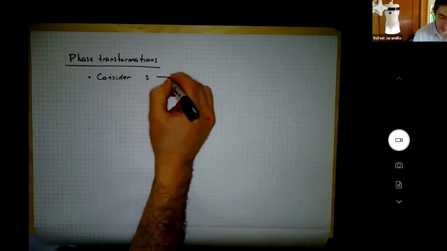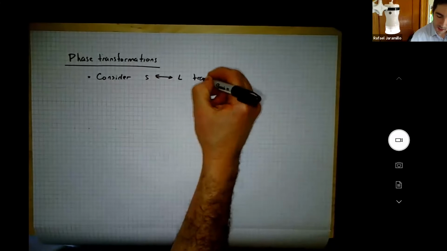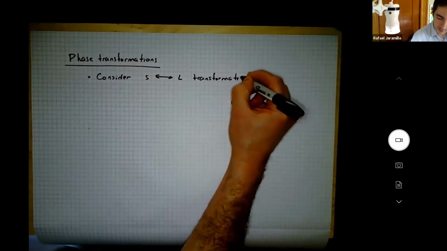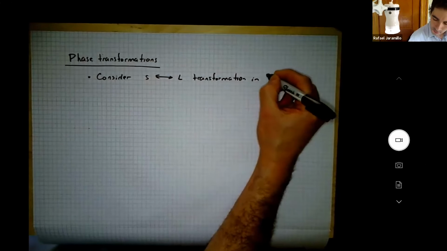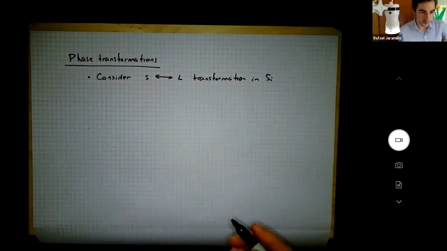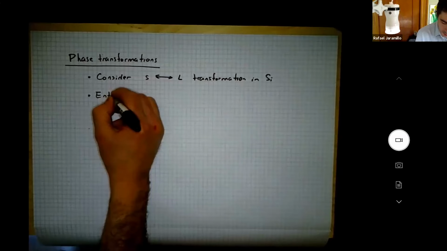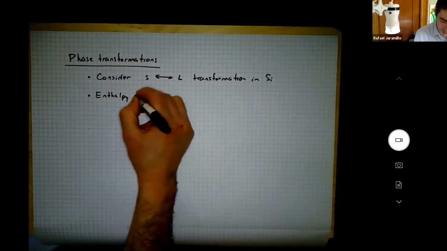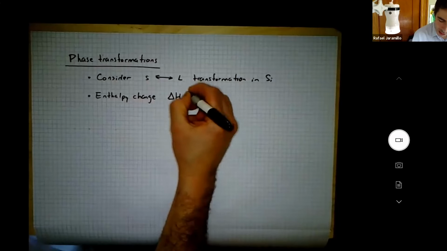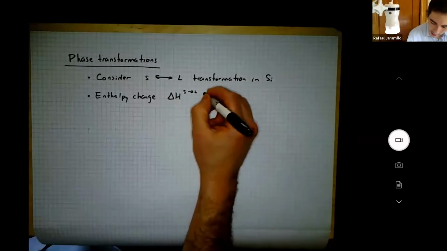Consider solid to liquid transformation in silicon. That's an important material, right? So I looked it up and I found the enthalpy change, delta H, solid to liquid, at the melting temperature.